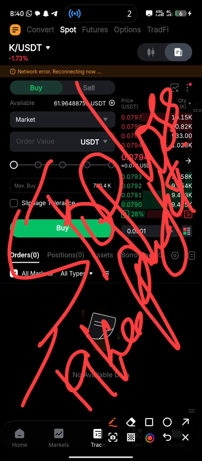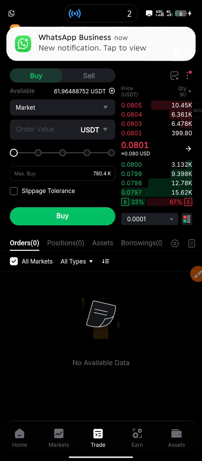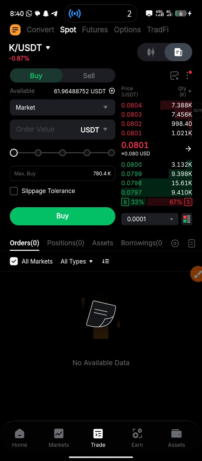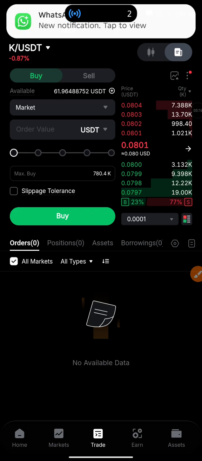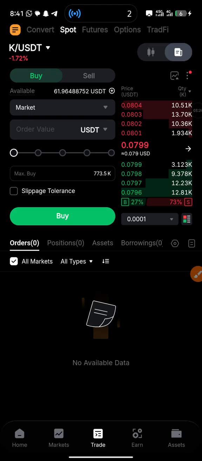Sometimes it will just go up and you are not available. You just need to set your take profit so that your profit can be taken automatically even when you're not available. And you also need to set your stop loss so that you will not be knocked out of the trade, because sometimes the price starts going opposite to your direction.